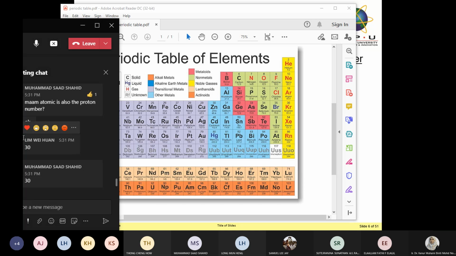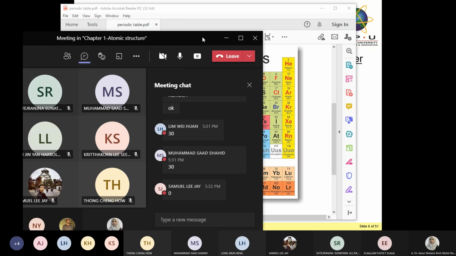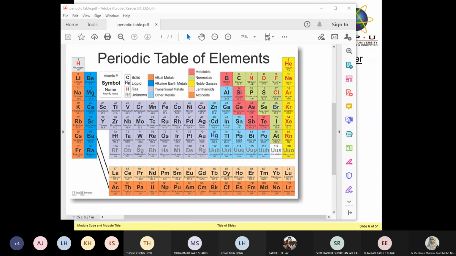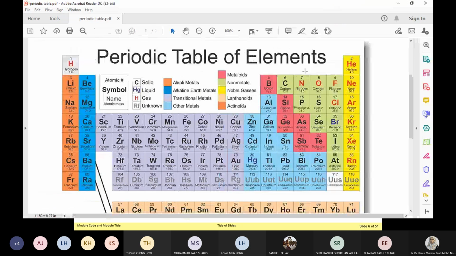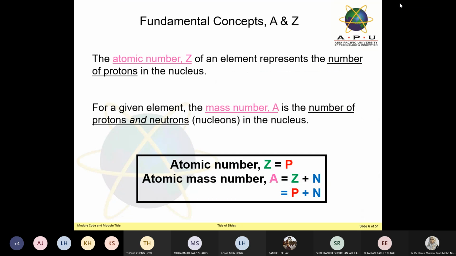Check the chat. 30. Okay, zinc is Zn. Zn atomic number is 30. So atomic number is also the proton number. Most of you know how to do already. You must make sure you know how to read this periodic table. Don't worry, the table will be given.